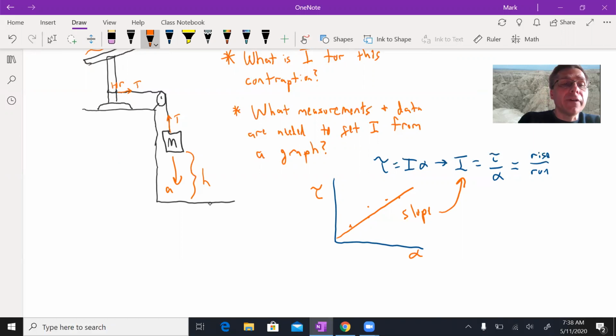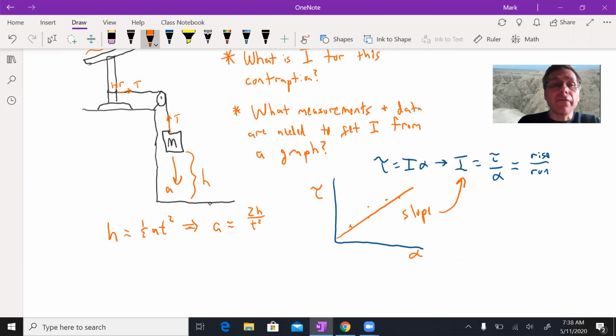Well, I seem to remember in kinematics, if something falls and we know the time, the distance that you fall is 1/2 a t squared. By measuring the time and height, we can get a value of a, the linear acceleration. It's 2 times the height over the fall time squared. Those are some measurements we can actually make.